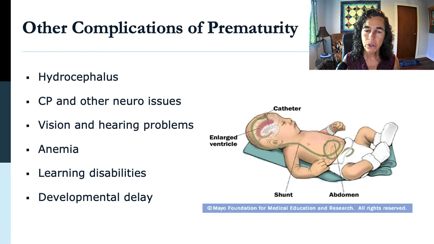Now, we used to say developmental delay, and people would think that the child would catch up because they were simply delayed. But developmental delay is a term that's used for a variety of conditions that will accompany a child throughout their life. And the term that we use for a child who has cognitive delays in particular now is intellectual disability.